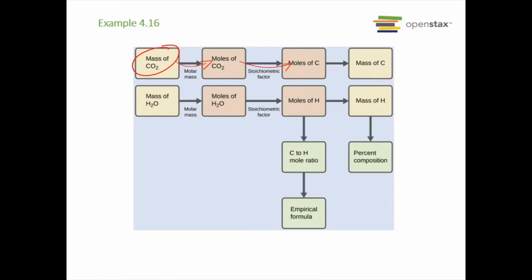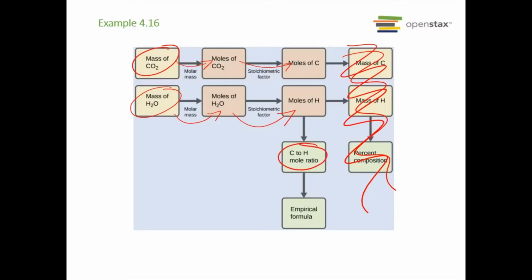We don't need that. We're not even talking about percent composition, so we don't need this side part. So then we go from moles of CO2 to moles of carbon. And then we do the same thing with water: mass of the water that we made to moles of water to moles of hydrogen. And then we can do the carbon to hydrogen mole ratio like we did last chapter for the empirical formula.